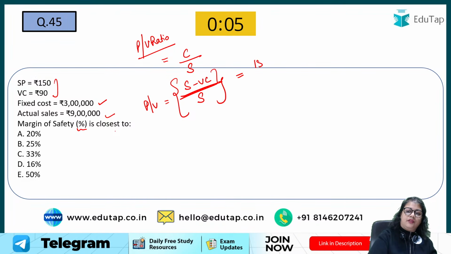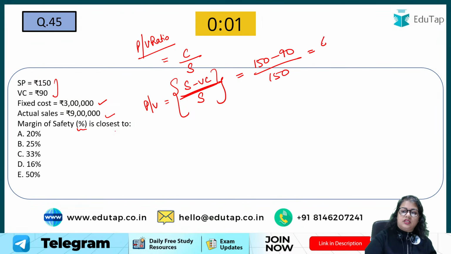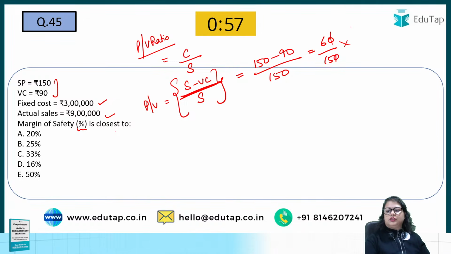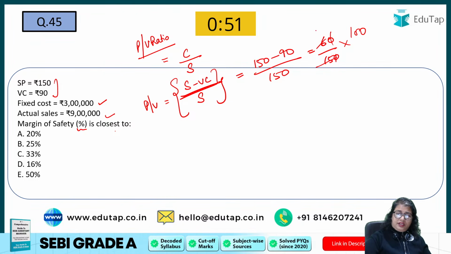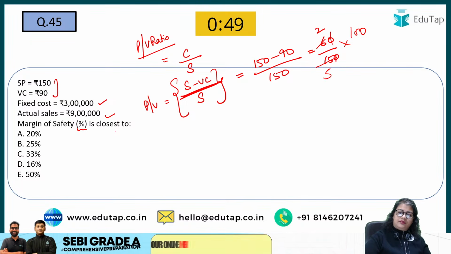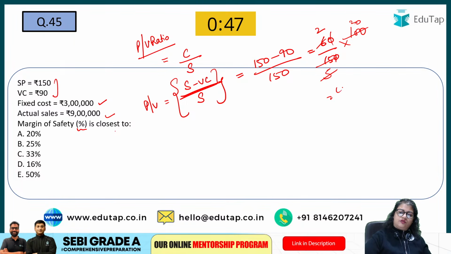So that is 150 minus 90 divided by 150. So this is 60 divided by 150. So when you calculate this, this will be how much? This into 100, and if I calculate with 3, this is 2 and 5, and this is 20, so this is 40%, right? 40% is the PV ratio.